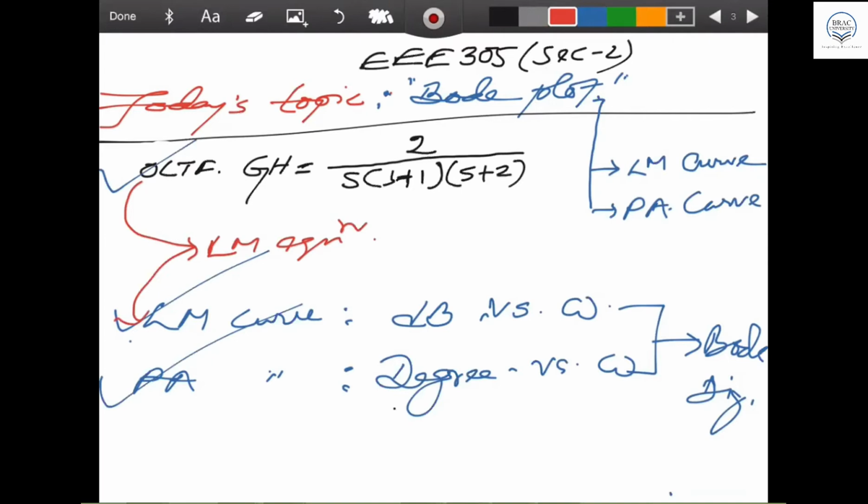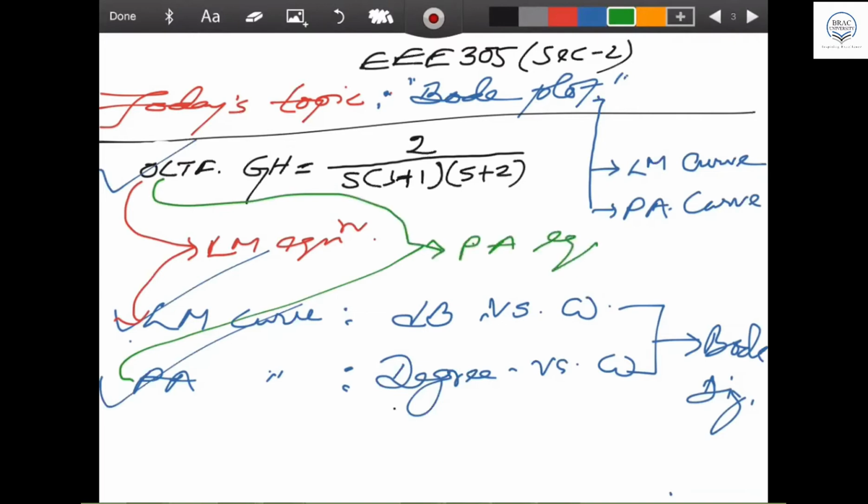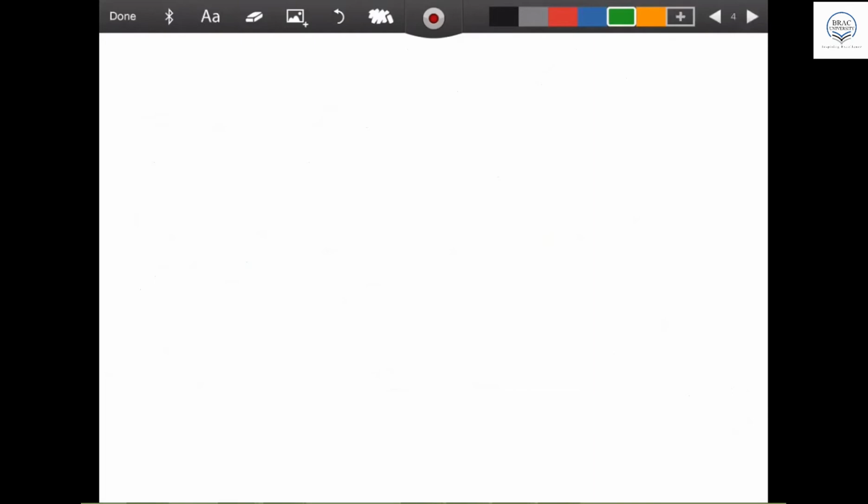We also have to find the phase angle equation in order to draw the phase angle curve. From this example we are going to find these two equations, calculate the points of those two equations, and then start plotting them on the semilog graph paper. I would appreciate it if everybody takes the semilog graph paper in front of you.